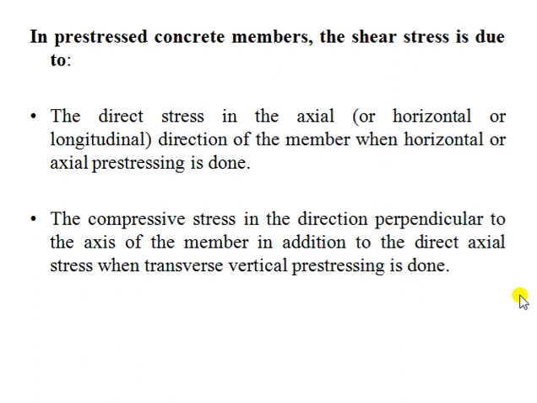In prestressed concrete members, the shear stress is induced due to two reasons. The first one is the direct stresses in the axial direction of the member when horizontal or axial prestressing is done, and the second one is the compressive stress in the direction perpendicular to the axis of the member, in addition to direct axial stress, when transverse vertical prestressing is done.